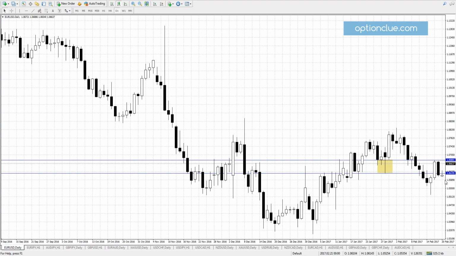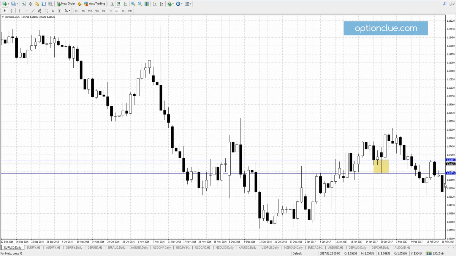Let's look in detail at what was happening in the market from the 16th to the 21st of February. The correction was completed around the support level, which was formed earlier. The price began to rise, and after the candle closing from February the 21st, a new resistance level appeared.